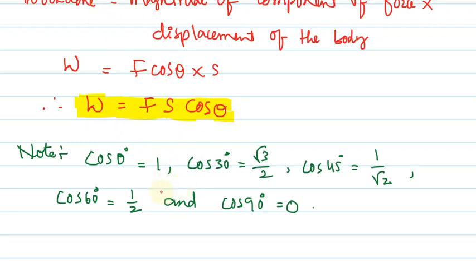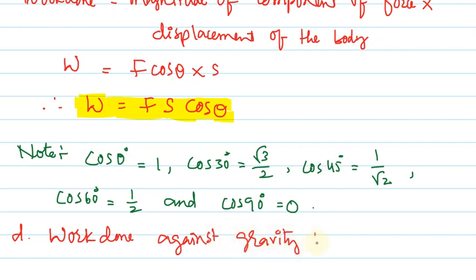Now let us see the fourth possibility, that is D, work done against gravity. Consider a book or an object lifted from a table. We do work against the force of gravity. Whenever work is done against gravity, the force required to lift the body is equal to its weight.